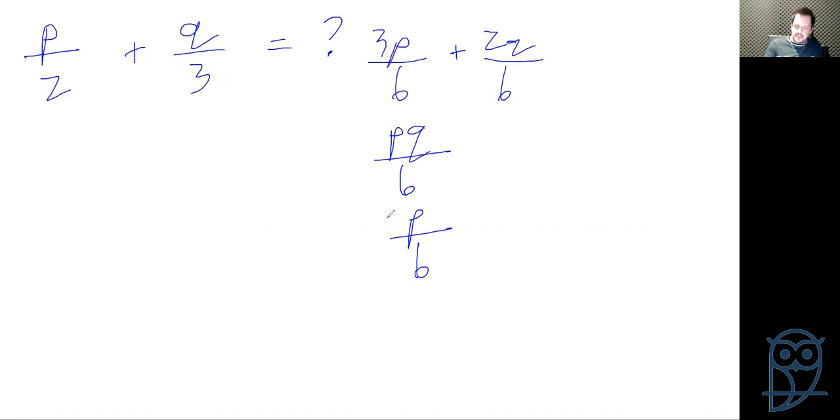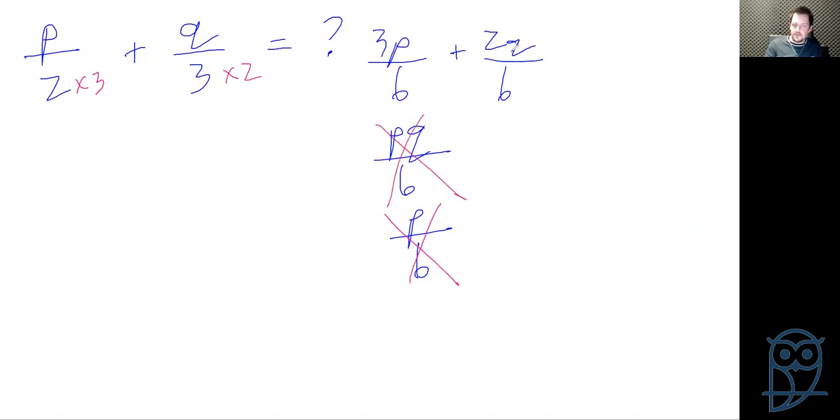So p over 6, not a good option because you're completely disregarding the fact that there's a q. pq over 6, better option because now there's a p and a q. And we get it over 6 because you times by 3, you times by 2, so you get the 6. But then this p times q, you're creating a bit of a problem because you're actually adding them, not multiplying. And also you're forgetting about the equivalence.